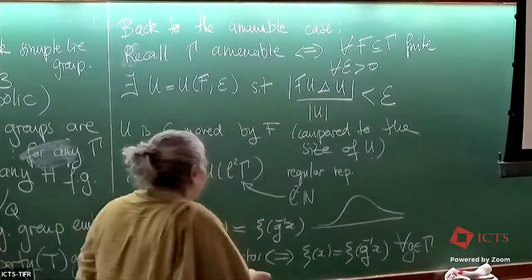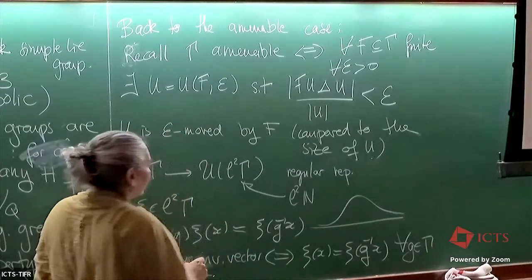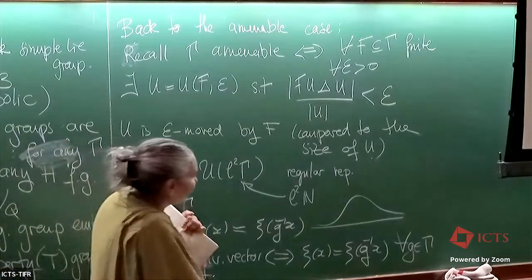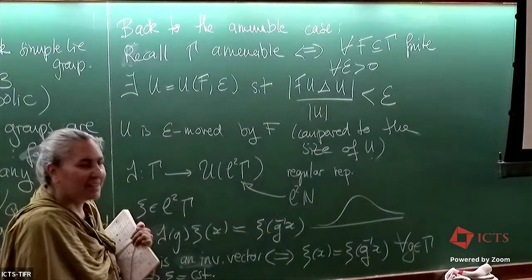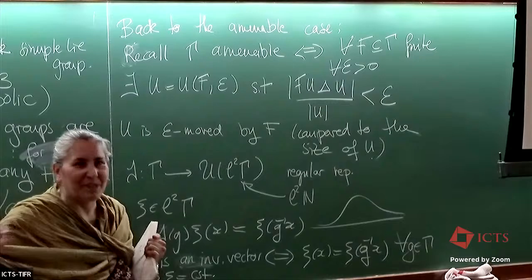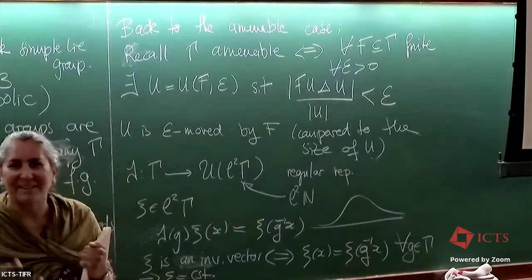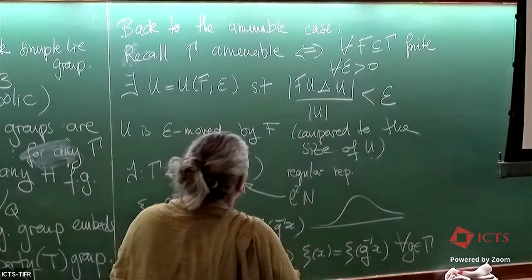And that will force c to be constant. But now a constant function that's L2 can only be 0. Otherwise, if it has a little constant mass somewhere, it'll blow up.